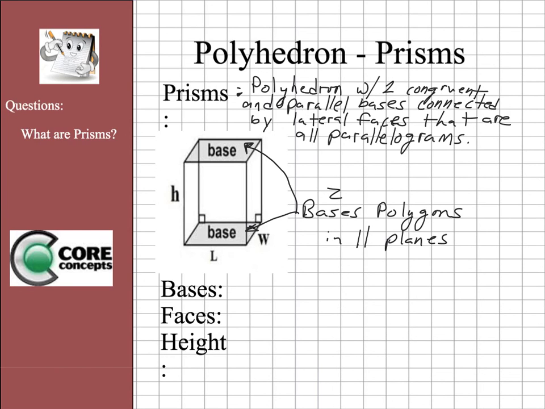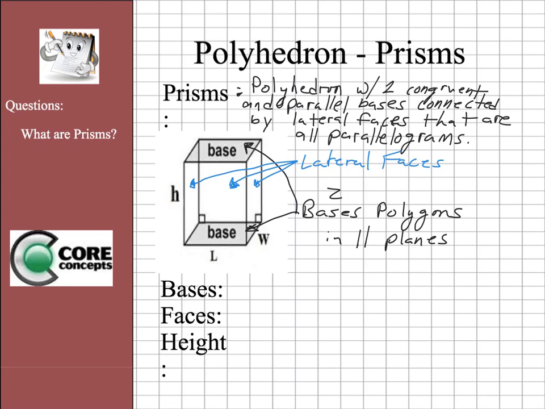Now, the other part of it is the lateral faces. And so the lateral faces are all these faces here. Okay? Lateral faces. And when we talk about surface area, we're going to be talking about lateral area and base area.